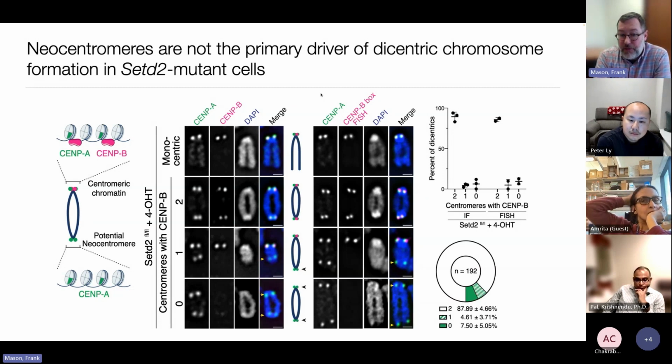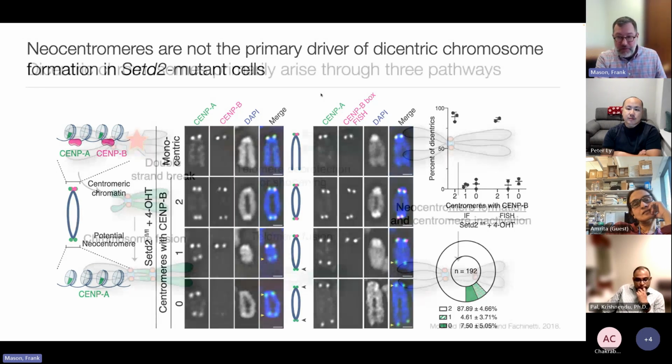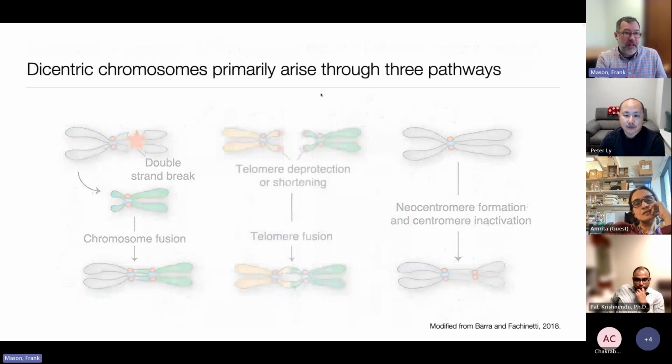And then we asked how frequently we see CENP-A and CENP-B co-localize in these dicentrics. And we see actually the vast majority of the centromeres are co-localizing with CENP-B, meaning that they're forming at the right location, which means that it's very unlikely that they are neocentromeres and they're just centromeres where they should be. Which means that the dicentric chromosomes are not arising through any of the three normal pathways that we would have expected.